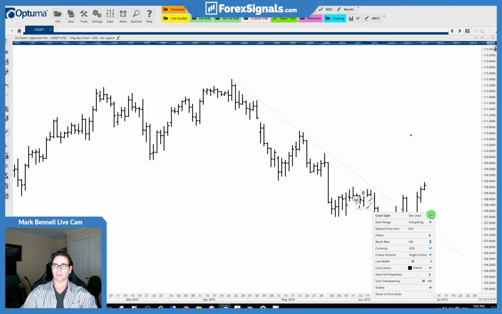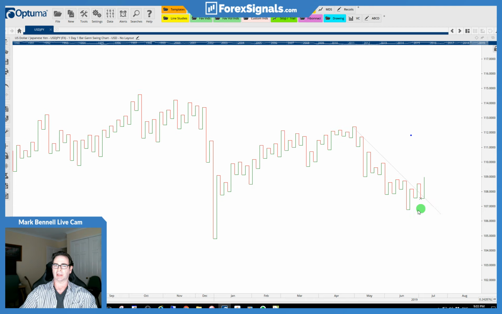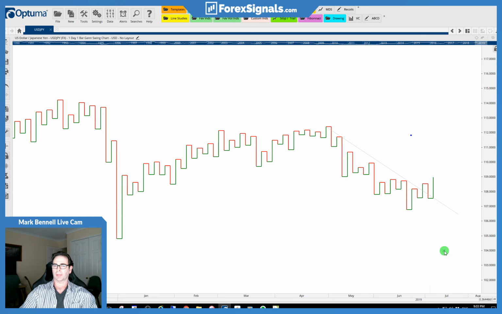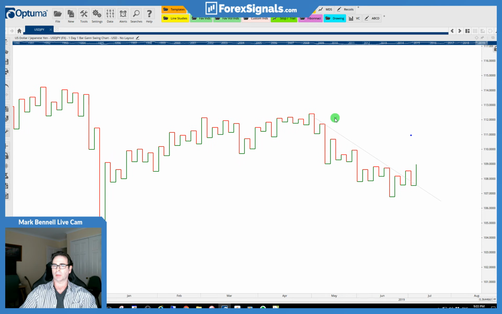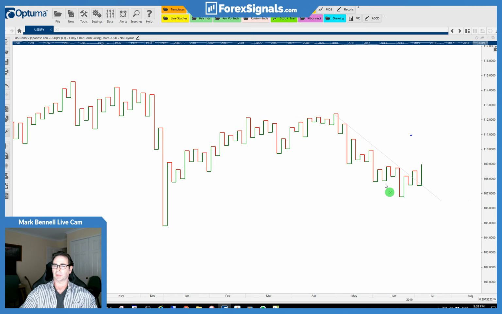But use whatever style suits you. I can cut time out and just have the swings. And I use these in my own work quite a bit. So all I'm seeing is the swings. There's no time. Time is irrelevant. I'm just seeing the swings in price.